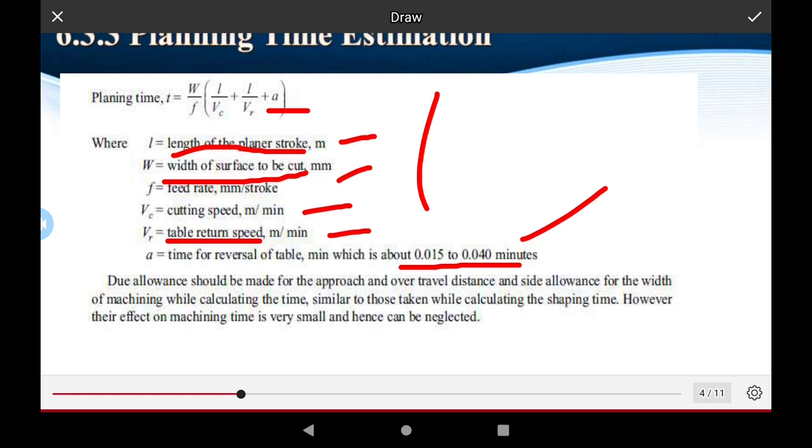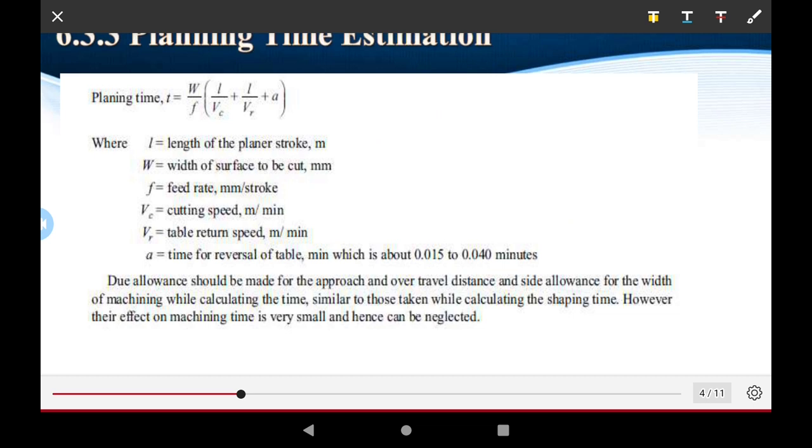Allowance should be made, and a is the acceleration, and the time for table reversal is 0.015 to 0.040 minute. This is the value to consider and solve these problems. Allowances should be made for the approach and overtravel distance, and side allowances for the width of the machine while calculating the time.